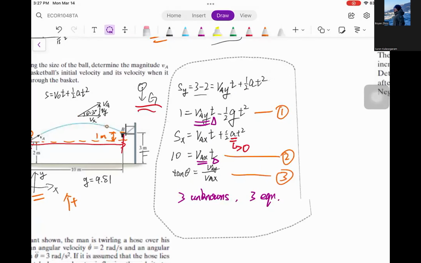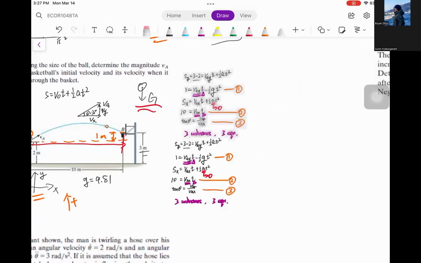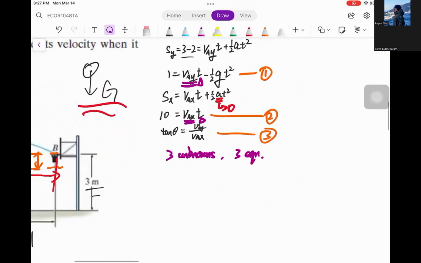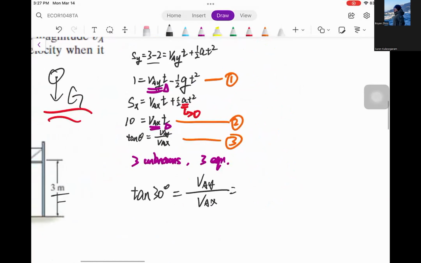I'm going to make it smaller so we have enough space for the math. Okay, so how do I do that. Essentially it's tangent 30 degree, from equation 3, is equal to VAY over VAX. And then we put in the VAX and VAY.